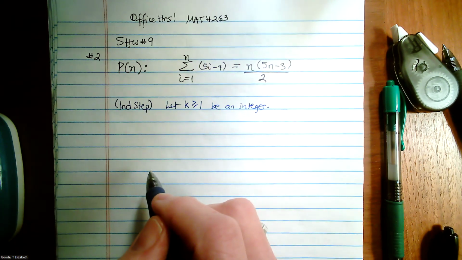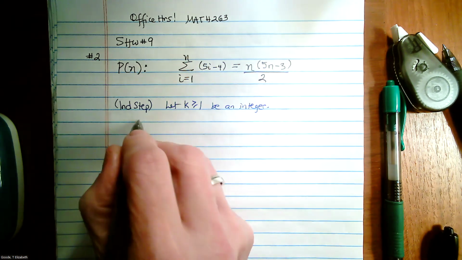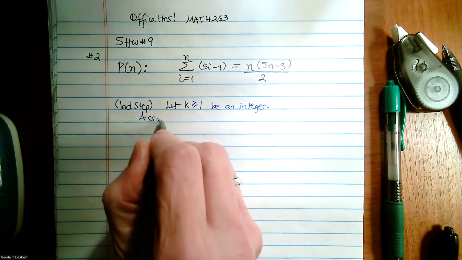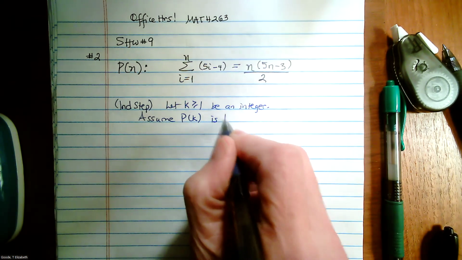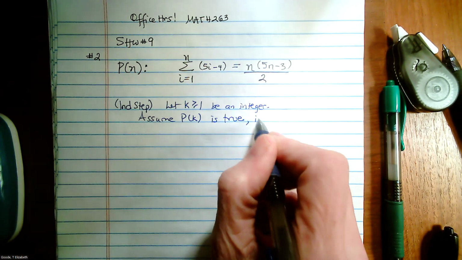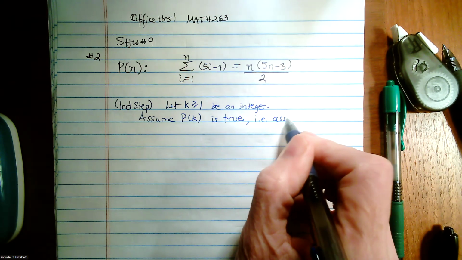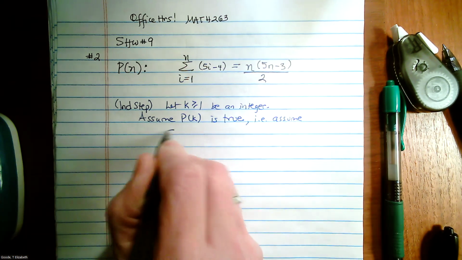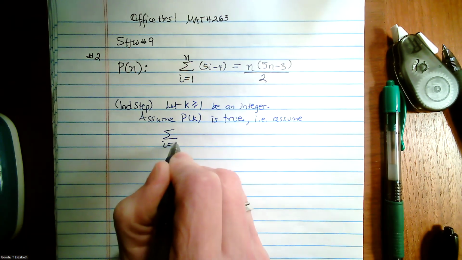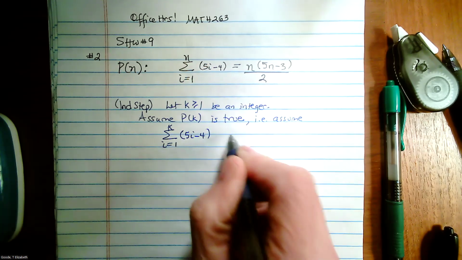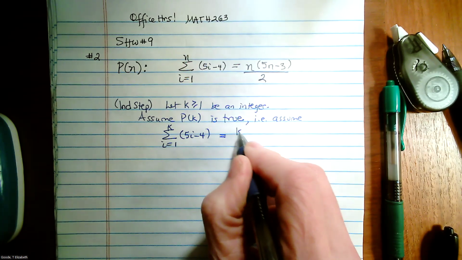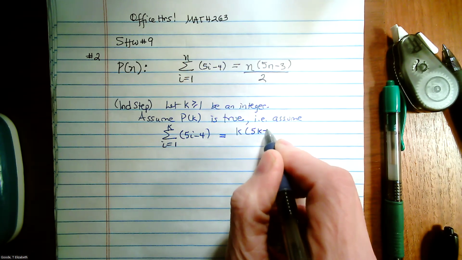Assume that P of k is true. What is P of k precisely? Because we need to write that down. That the sum of i equals 1 to k of 5i minus 4 equals k times 5k minus 3 over 2.